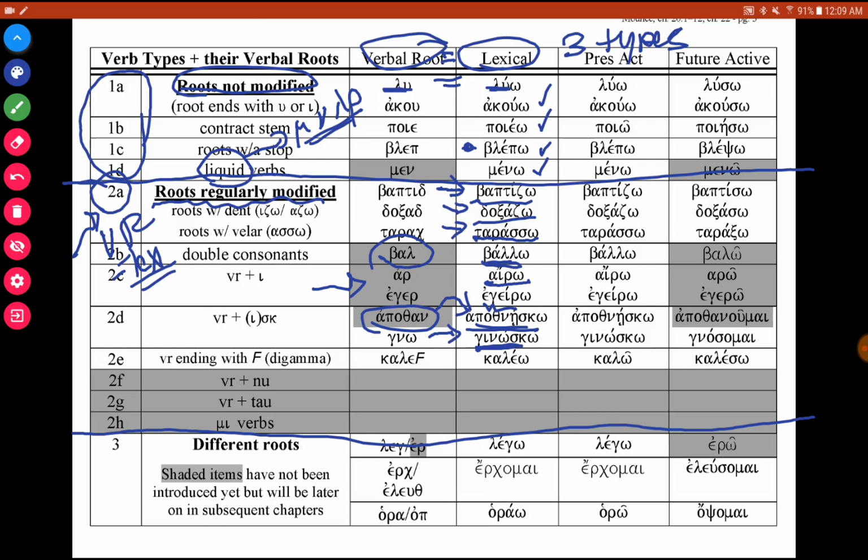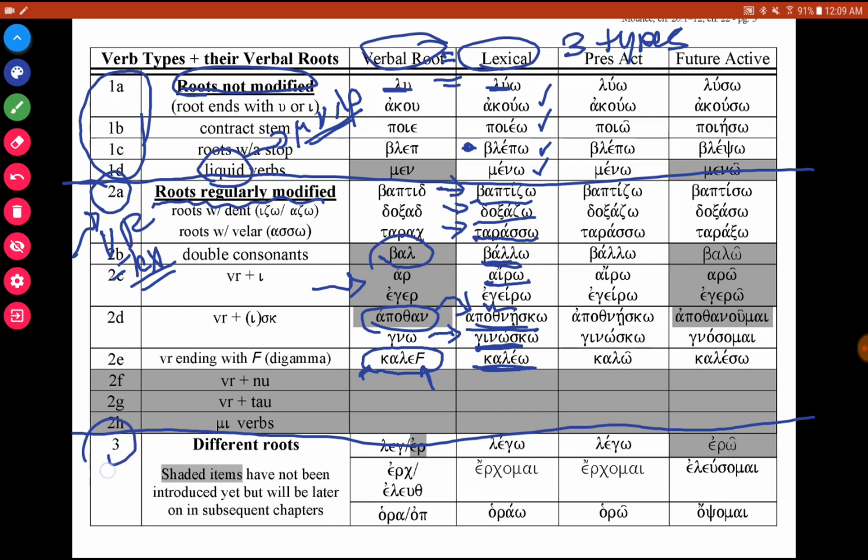Sometimes like kaleo, you've learned this from last semester, it's not a true contract verb. It looks like a contract verb, but actually its verbal root is this digamma here, and that affects the forms for those that use the verbal root. And so on. And some of these other ones we haven't learned yet.